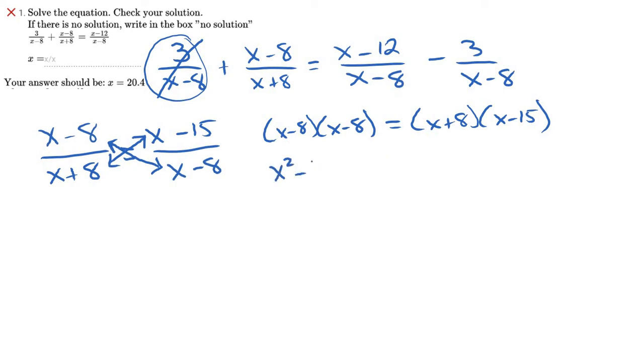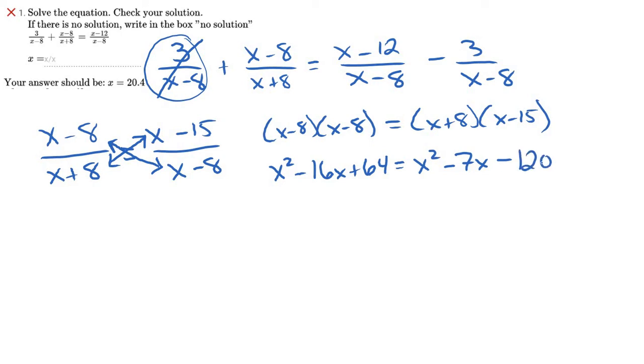So x squared minus 16x plus 64 equals x squared, what do we got, minus 7x, right, negative 15 plus 8, and then minus, I think that's like 120, 15 times 8. Yeah, 120, just checking there on my calculator.